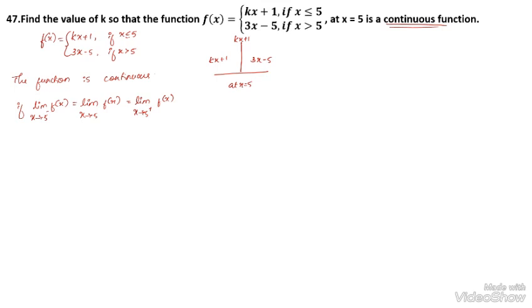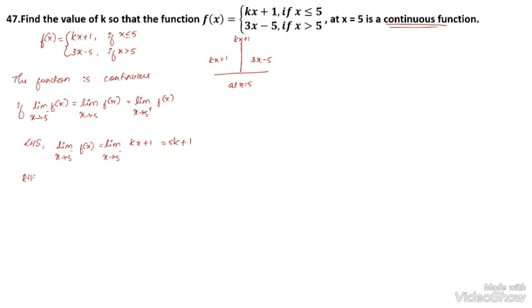So I can directly find the limit points. The left hand limit is limit x tends to 5 minus f of x. What is f of x? kx plus 1. Now I substitute the values, that is 5k plus 1. Here the main function is also the same, so no need to find it separately.